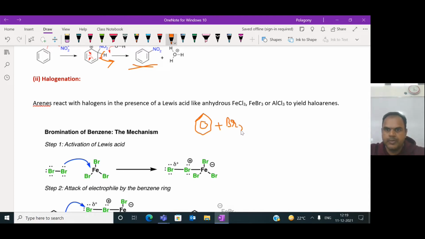If you take Br2, bromine, when benzene reacts with bromine, it produces bromobenzene, plus the byproduct we get is HBr.